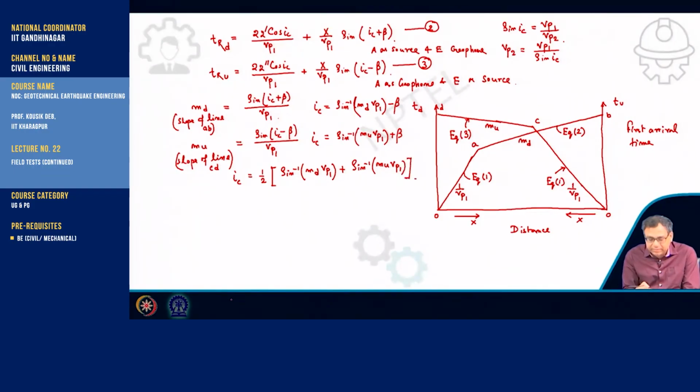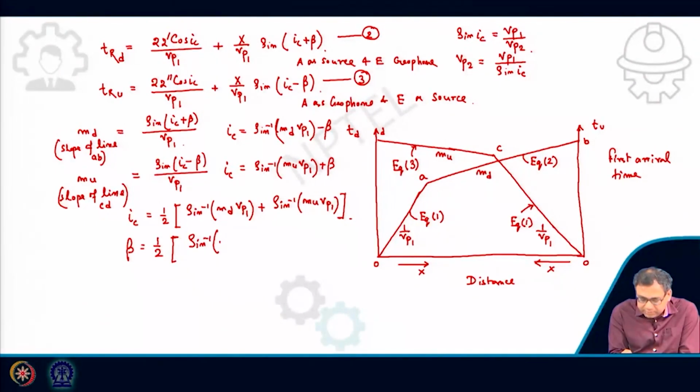And if I subtract, then the IC will cancel, there will be beta, then beta will be half of sin inverse of MD Vp1 minus sin inverse of mu Vp1.